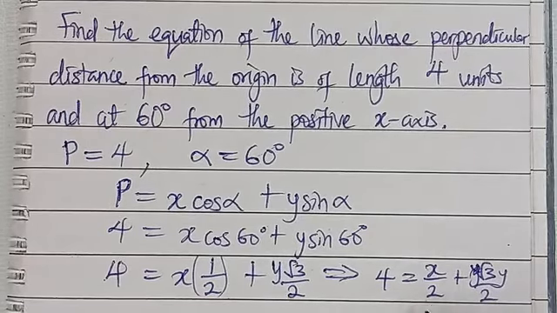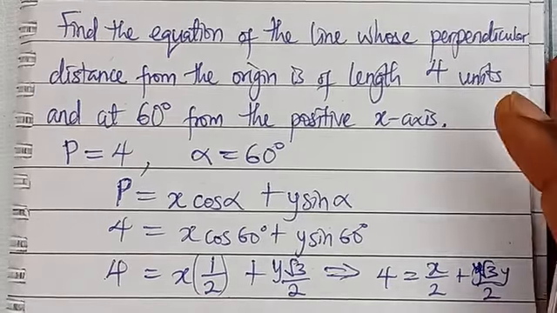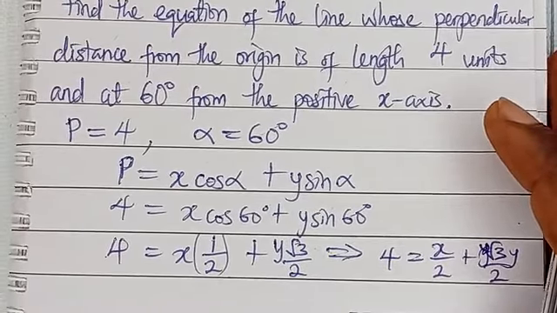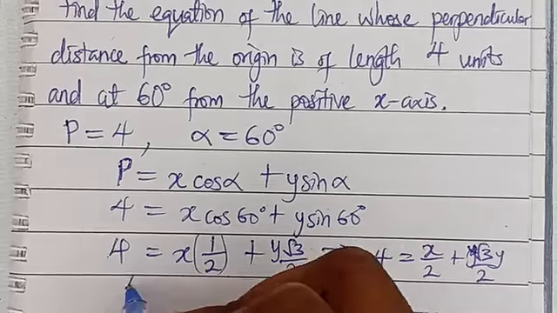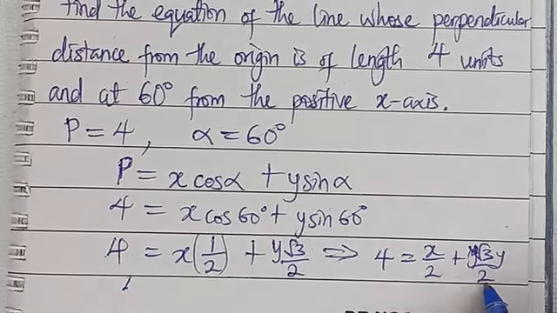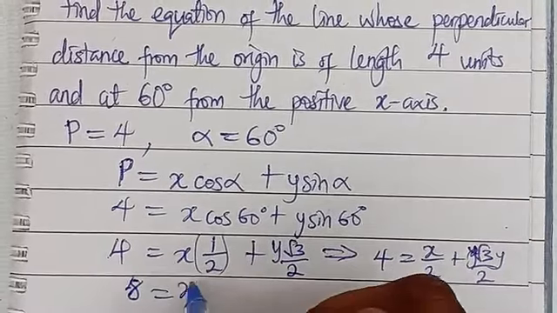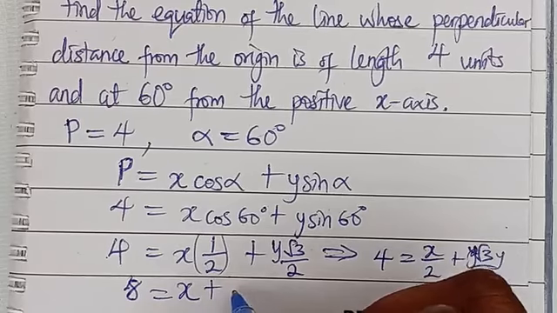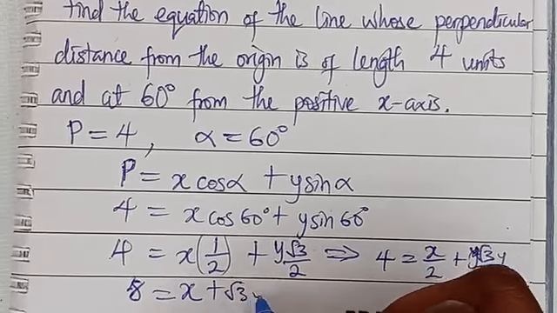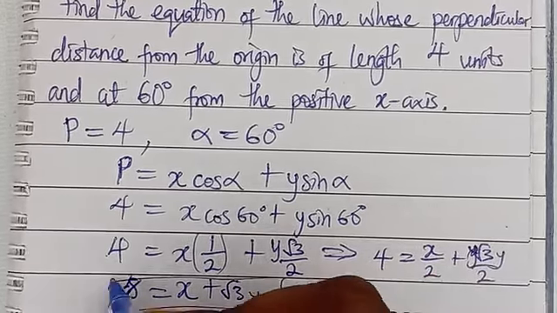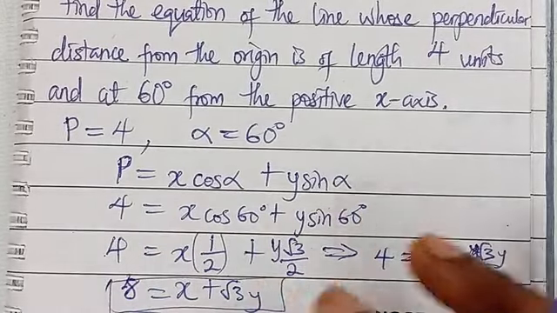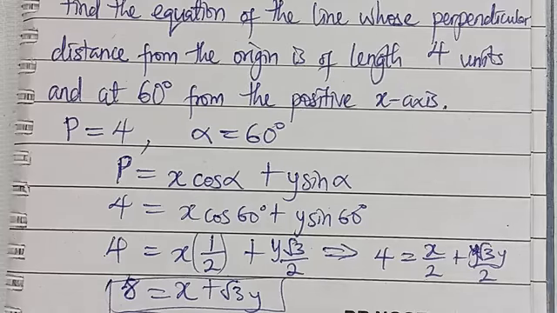So let's multiply everything by this denominator here. So we multiply everything by 2. The equation becomes 8 is equal to x plus root 3y. So we can as well go ahead and write this equation in form of making everything equal to 0, or we can leave it this way. So this is that equation.